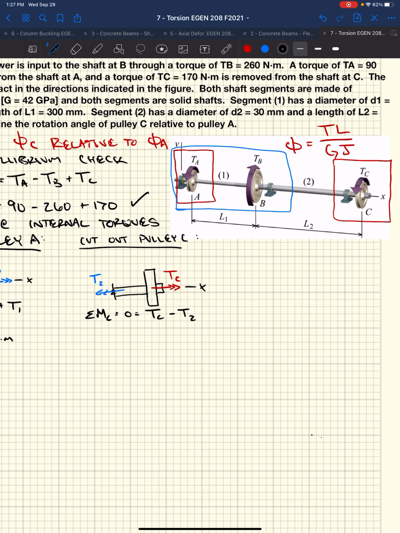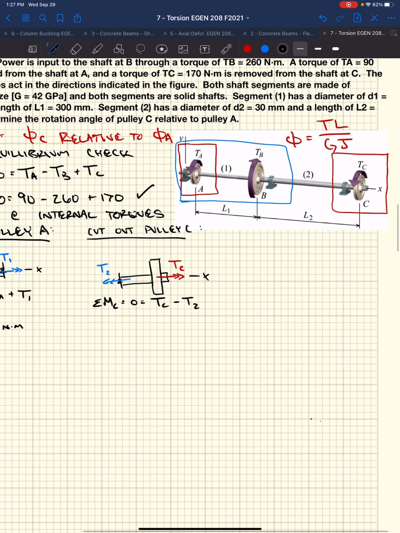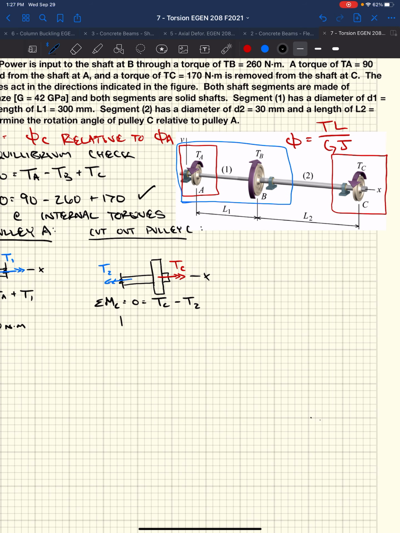It's acting in the opposite direction from the assumed coordinate axis. But T2 is considered a positive torque because it is outward normal from the face of the shaft. Okay? Try not to let that slip you up. So what does that mean? Well, that means TC equals T2, or T2 equals 170 Newton meters.